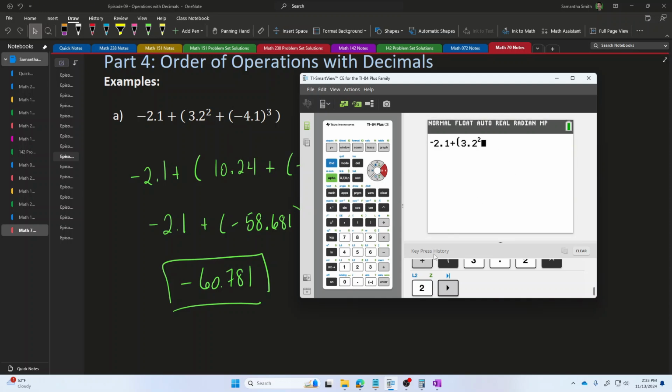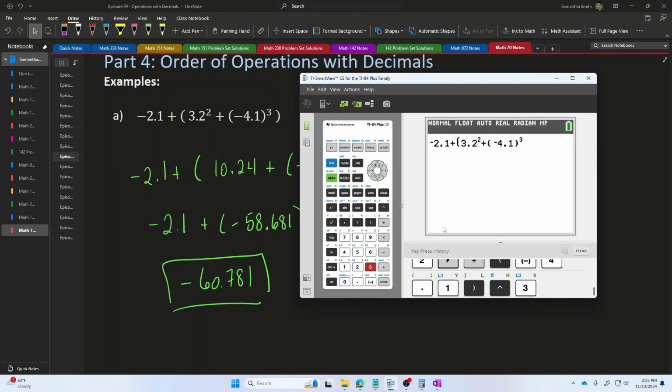The next thing I need to type is the addition symbol, and then parentheses. And then I need to type in negative 4.1. So I'll use the symbol down here, make it negative, 4.1, close those parentheses on 4.1, and raise that to the power 3.